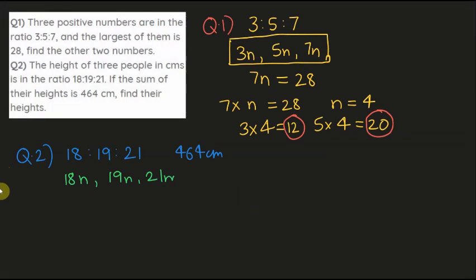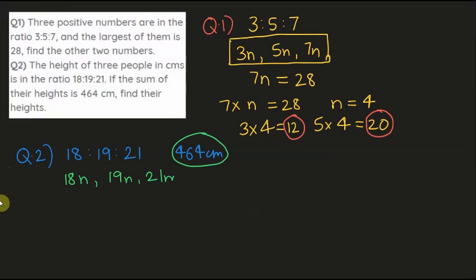We know that 464 is the sum of their heights, right? So 18n plus 19n plus 21n will be 464, because the sum of the heights is 464 centimeters, and 18n, 19n and 21n are their heights respectively.